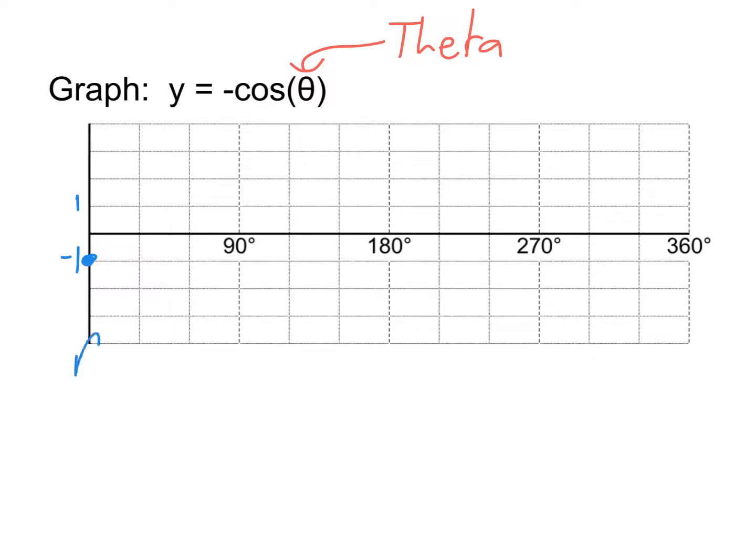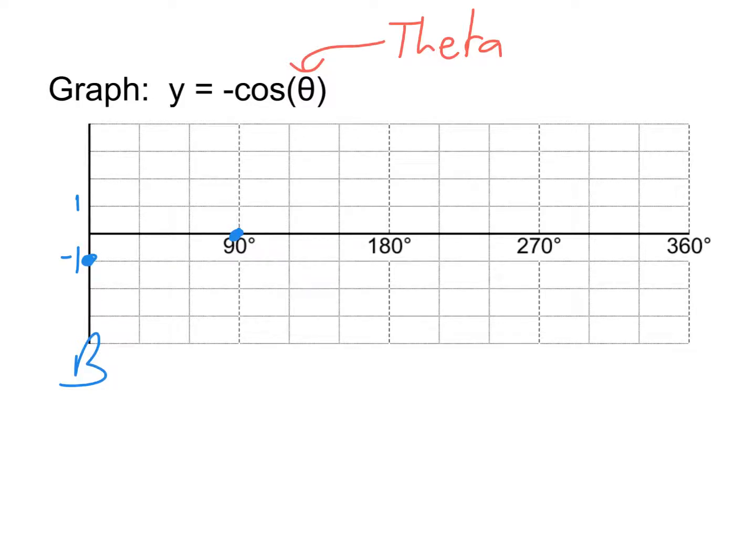So notice in this case I start at the bottom of the wave. The next point, let's go straight to 90. At 90 degrees, the cosine of 90 is 0. Well, a -0 is still 0. Okay, 180. The cosine of 180 degrees is -1.